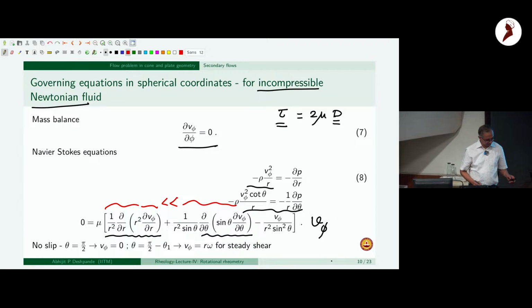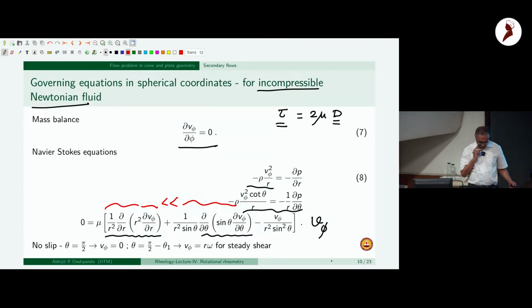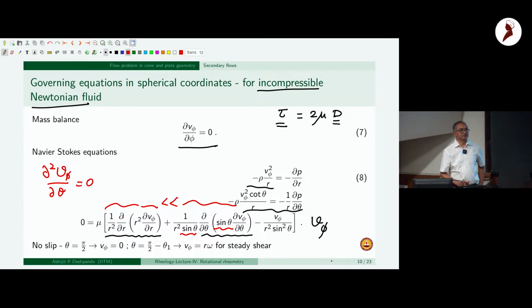Going forward, sin theta can be almost 1. So this overall equation ends up being del square V phi by del theta squared is 0. And that's the governing equation.